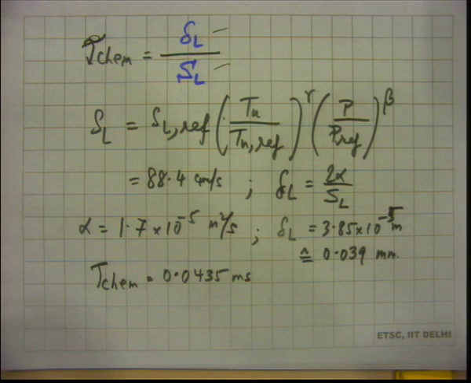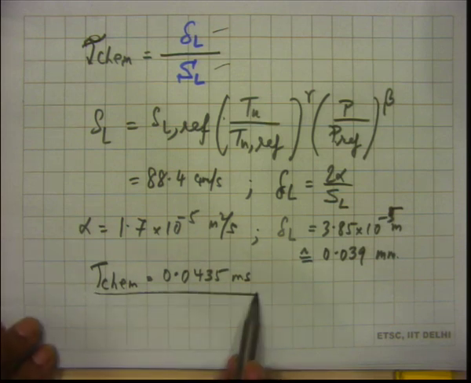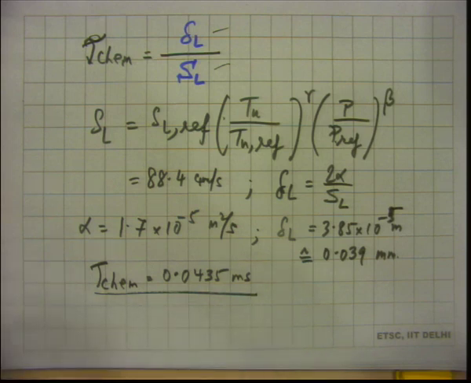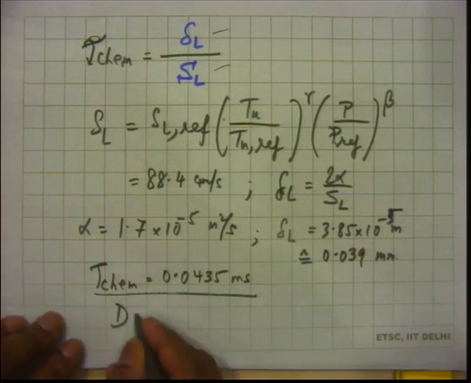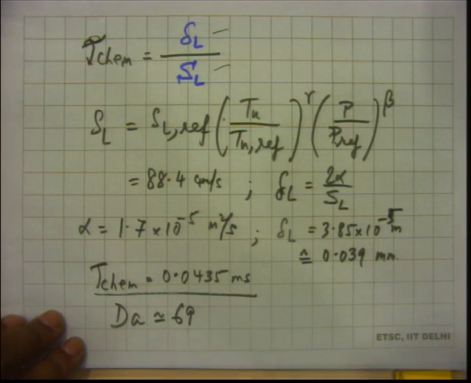For unimolecular reactions and for bimolecular reactions, we could get some expressions for tau chemical. So we could calculate that, and that was of the order of milliseconds. And with the help of all this, now we have got tau chemical, and we already had tau flow as 3 milliseconds. So utilizing these two, we can get Damkohler number as approximately 69.